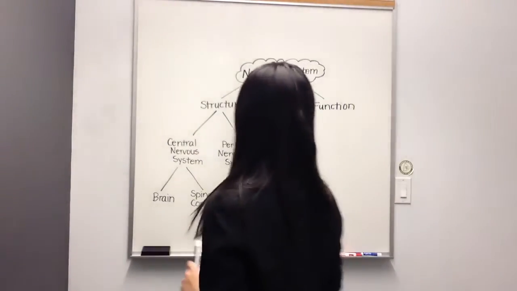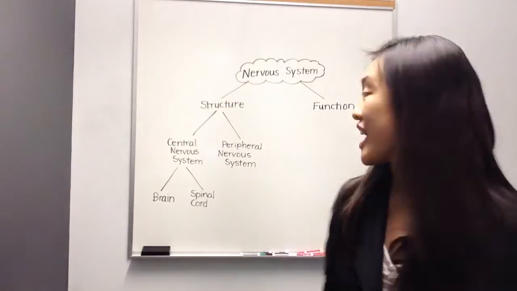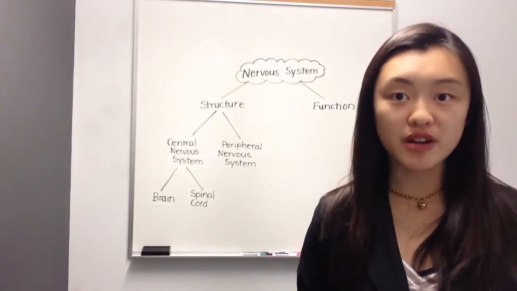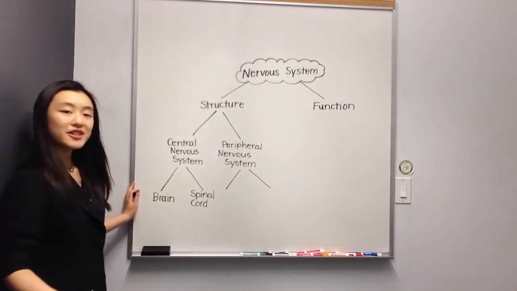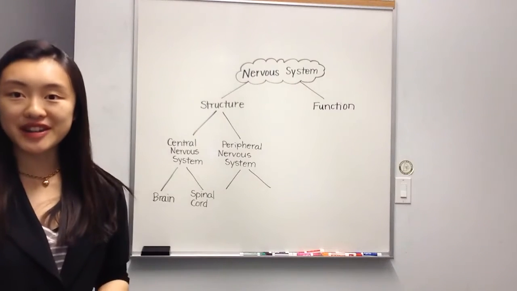On the other hand, the peripheral nervous system consists of everything that is not central. If it is not the brain and if it's not the spinal cord, it is part of the peripheral nervous system. It's in your periphery. To be specific, we have nerves that are connected to the brain, and they are called cranial nerves.